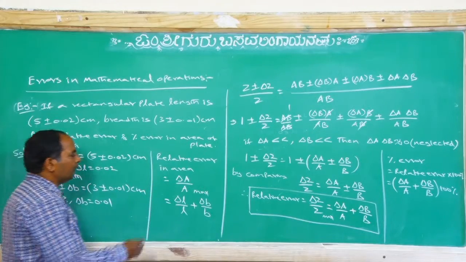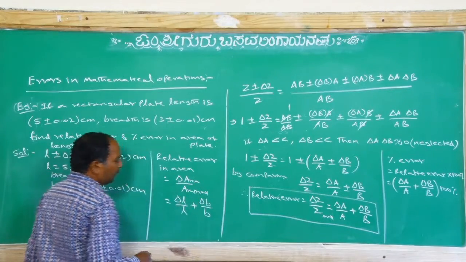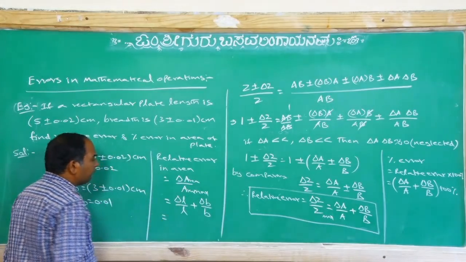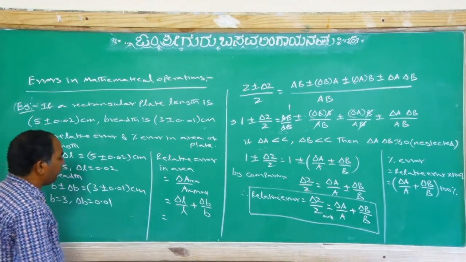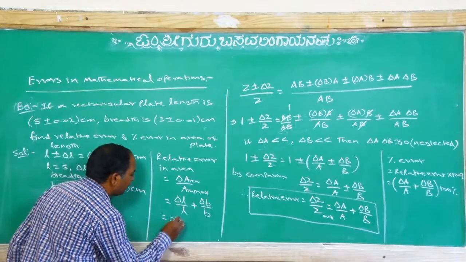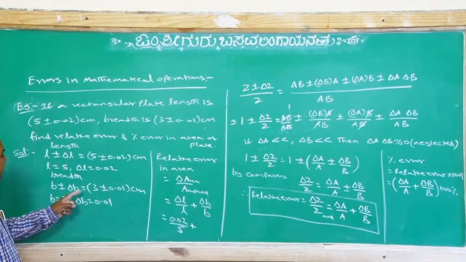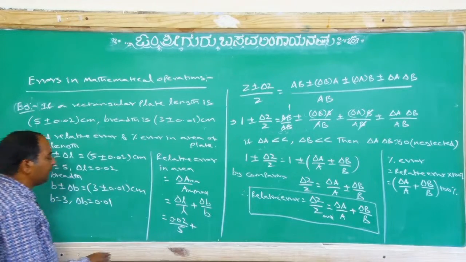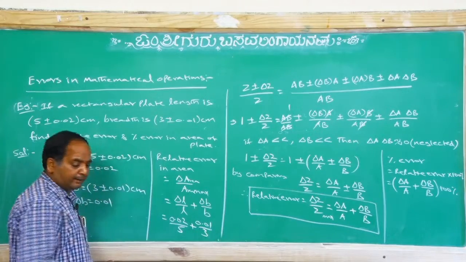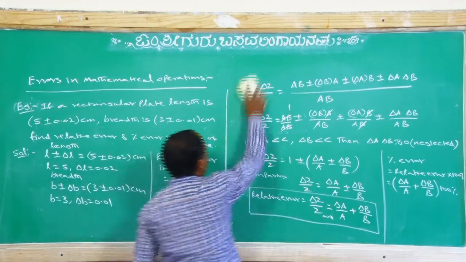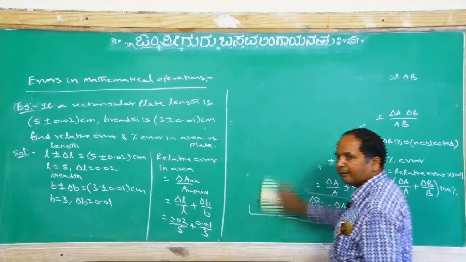So what is delta L by L? That is 0.02 divided by 5, plus 0.01 by 3. So we are able to find their corresponding relative error.